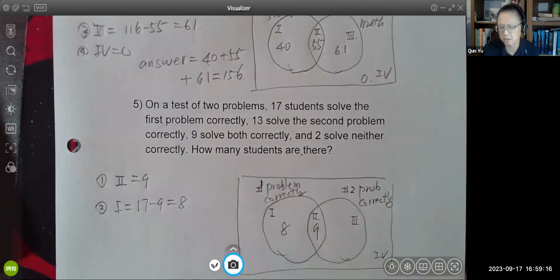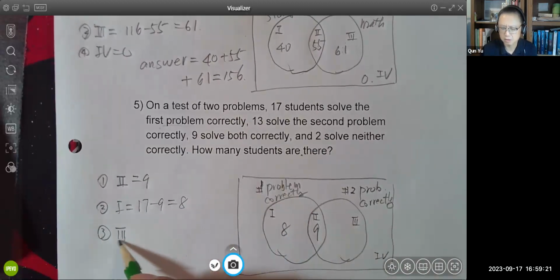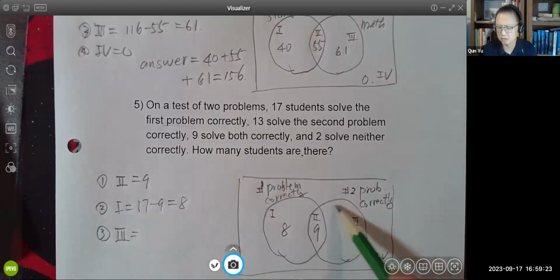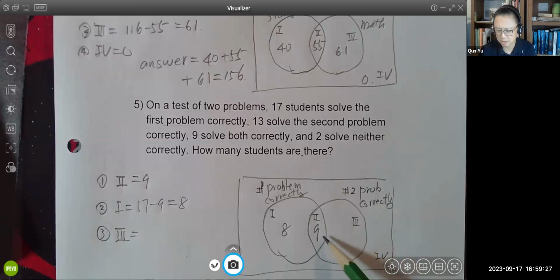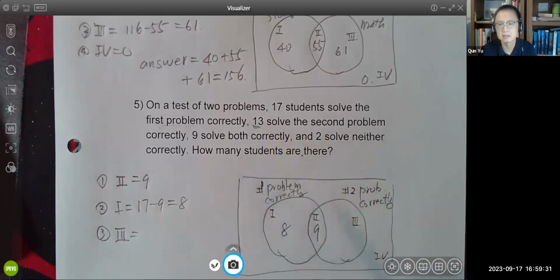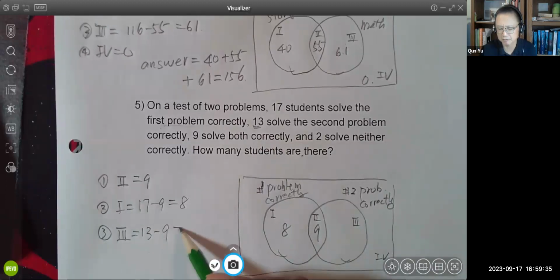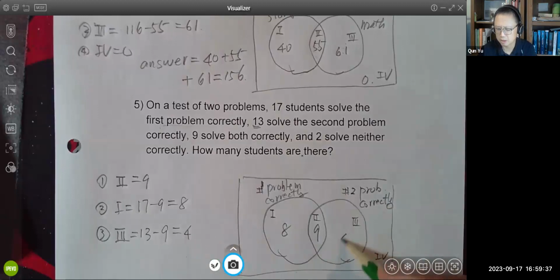So 8 is here. Now look at region number 3, which equals the second problem circle, subtract 9. How many people solved the second problem correctly? 13, right? So 13 subtract 9, that is 4. 4 in here.